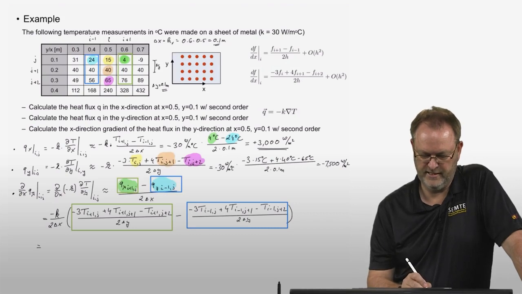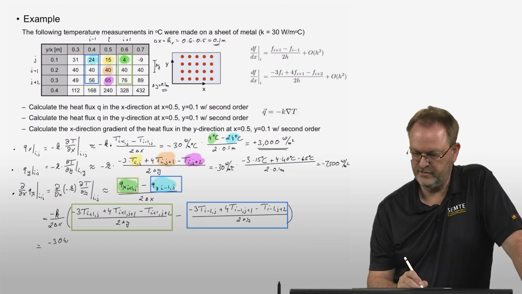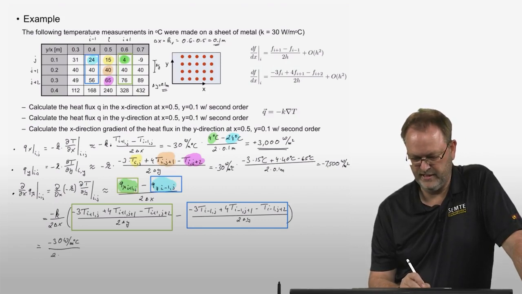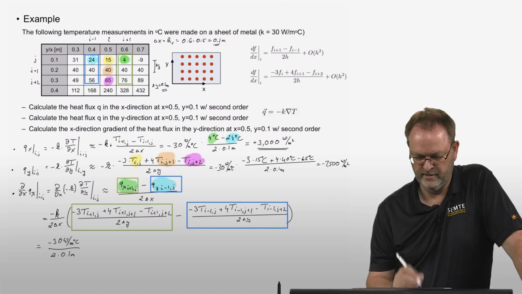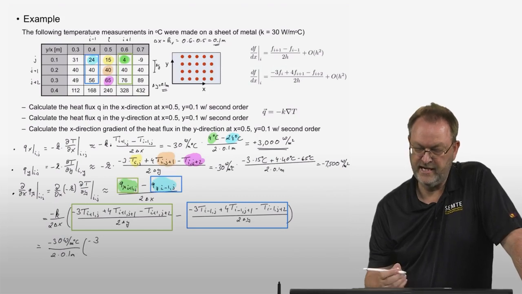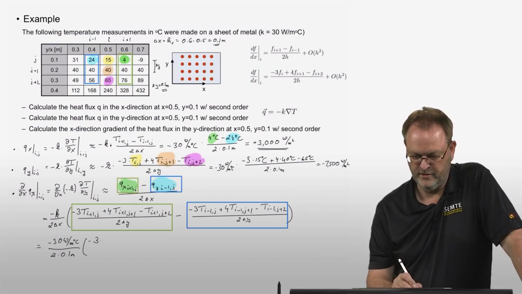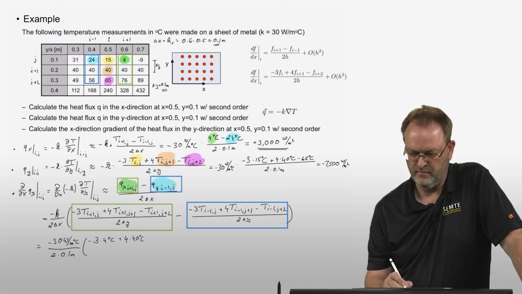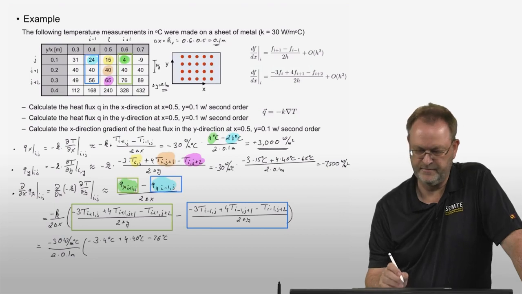So I have minus k, which is 30 watts per meter degree Celsius, divided by 2 times 0.1 meters, times minus 3 times T at i plus 1, j, that is 4 degrees Celsius, plus 4 times T at i plus 1, j plus 1, that's 40 degrees Celsius, minus T at i plus 1, j plus 2, that is 76 degrees Celsius.